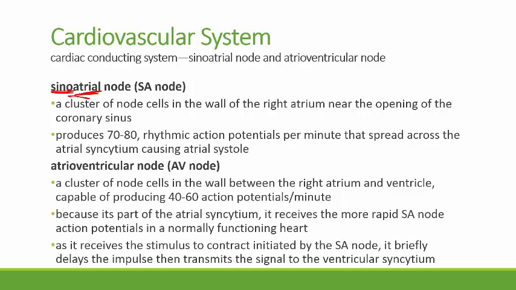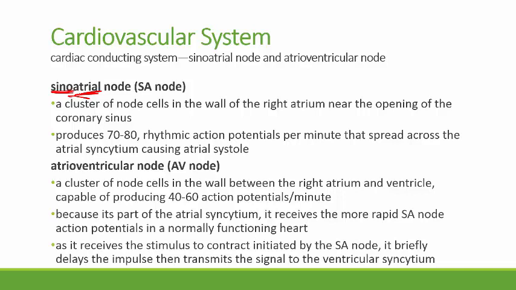Each time they're about to contract using their own rhythm, the SA node's rhythm beats them to the punch. And so they contract in time with the SA node's contraction rate rather than their own.